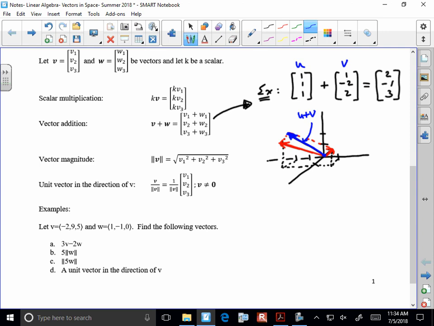If you did it any other way, I'll just put it this way: if it looked like you were just trying to manufacture what you got when you added the 2 vectors together, like, all right, I know it's supposed to get to 2, -1, 3, so let me just draw some arrows that get you there, you didn't get much credit for that.